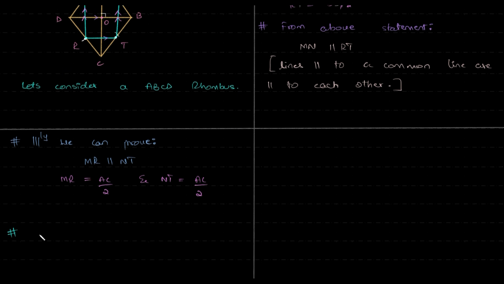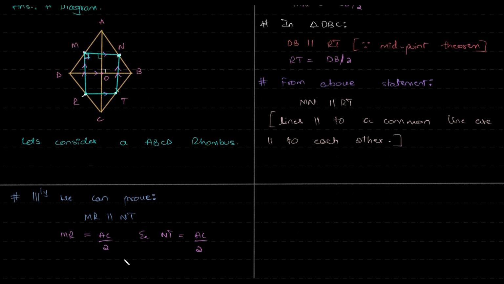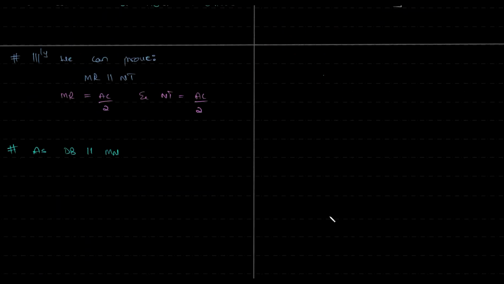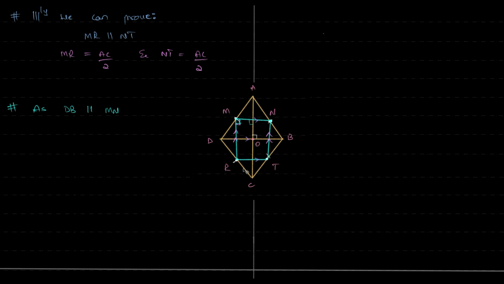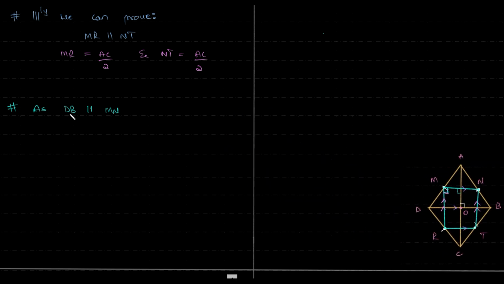Okay, I'll explain again. As DB is parallel to MN, agree? So let me copy this diagram off. So we have DB parallel to MN. So angle, oh, we need to call this 1 or something.